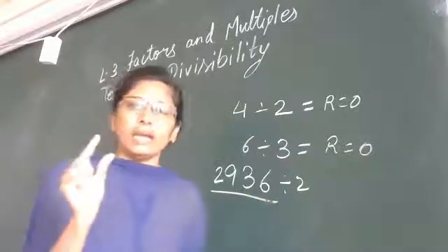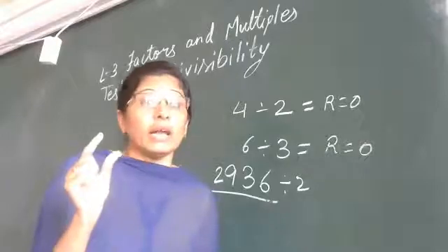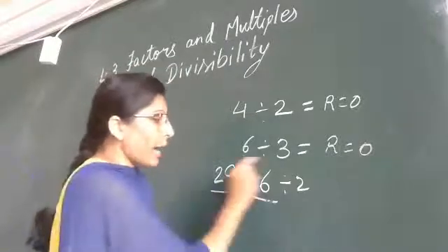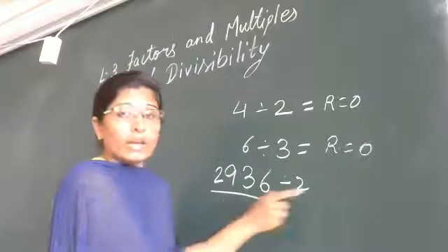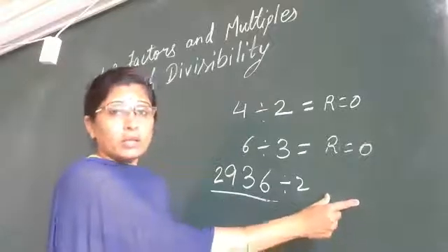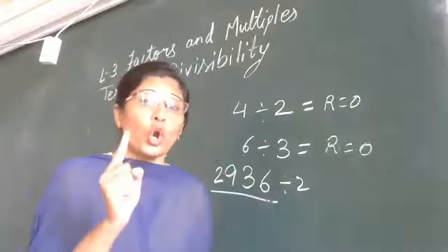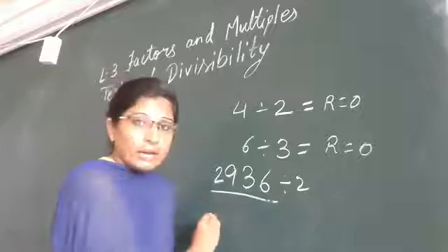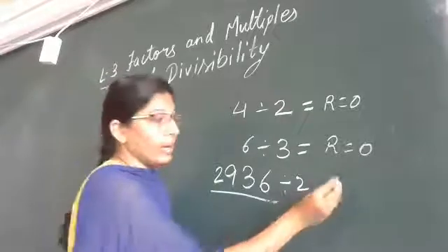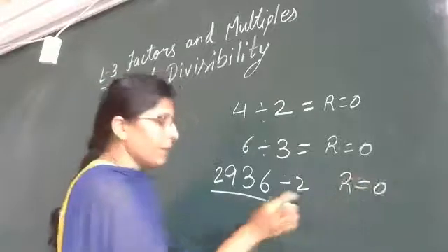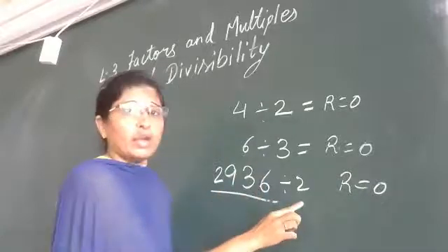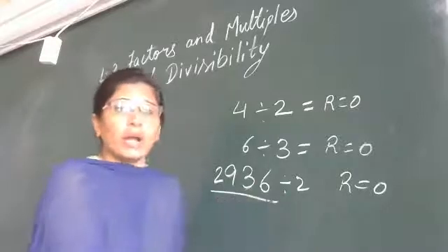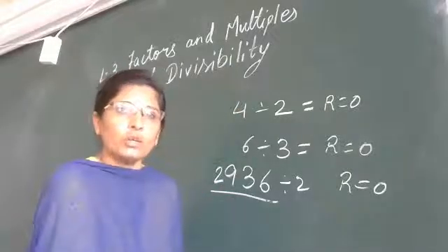Remainder should be 0, then only it is divisible. So whenever you are getting remainder as 0, that means this number is divisible by 2. But for large numbers, it is difficult to find out. We have to divide it.